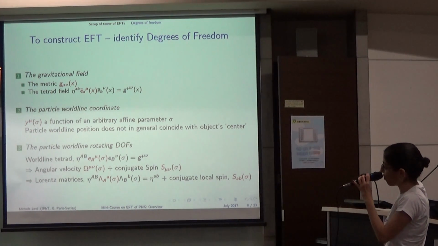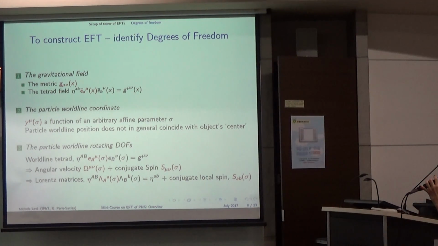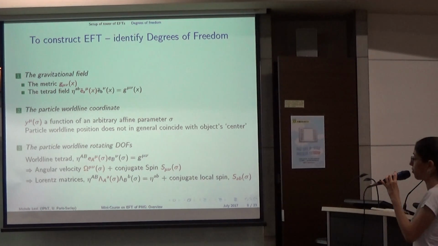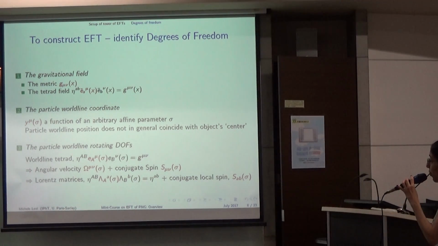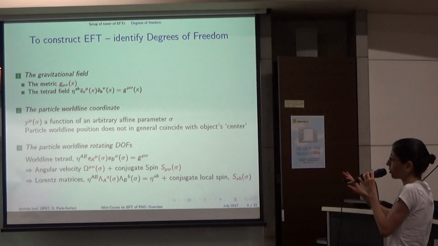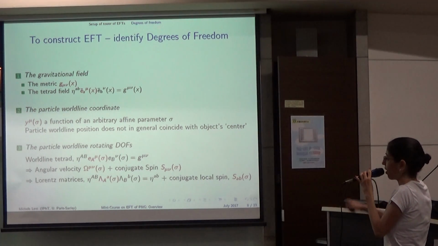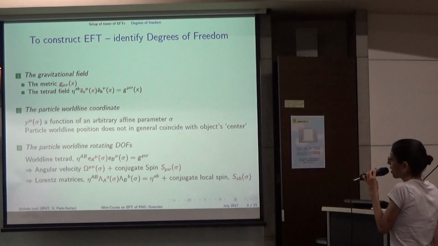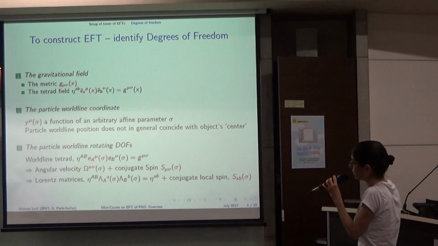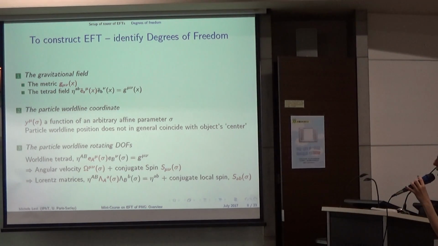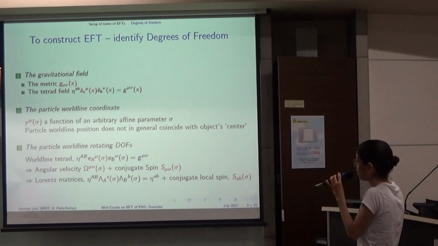The second kind of degree of freedom that we identify is the one that represents the particle world-line coordinate. We will use the time coordinate to be our affine parameter in every computation that we will do. So basically, we are worried about what the three-vector position represents, and in that context, it's important to note that the tricky thing is that the particle world-line position does not in general coincide with the object center.